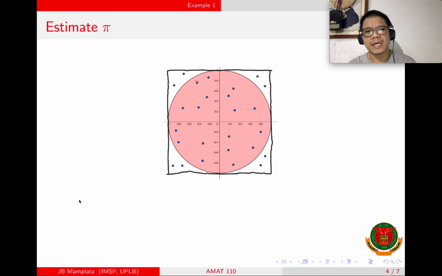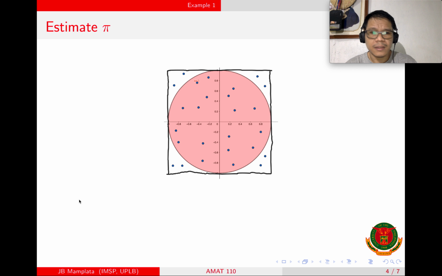Let's say, for example, we want to estimate pi, or estimate the value of pi. And how are we going to do this? Okay? So, ito yung magiging experiment natin. Let's say we draw a square. Okay?